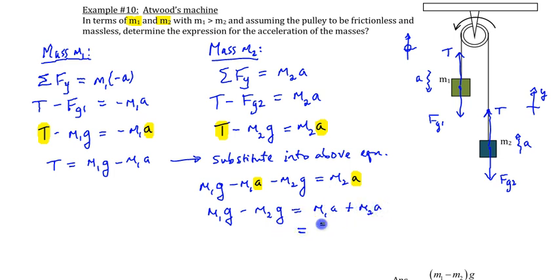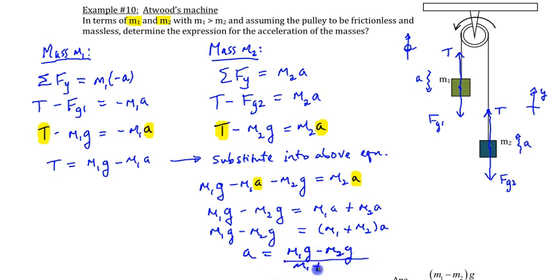Then we'll collect like terms: m1 plus m2 times a equals m1g minus m2g, and we get the acceleration is m1g minus m2g all over m1 plus m2. And you could rewrite that as m1 minus m2 times g all over m1 plus m2. So that's the answer for solving them as separate bodies.